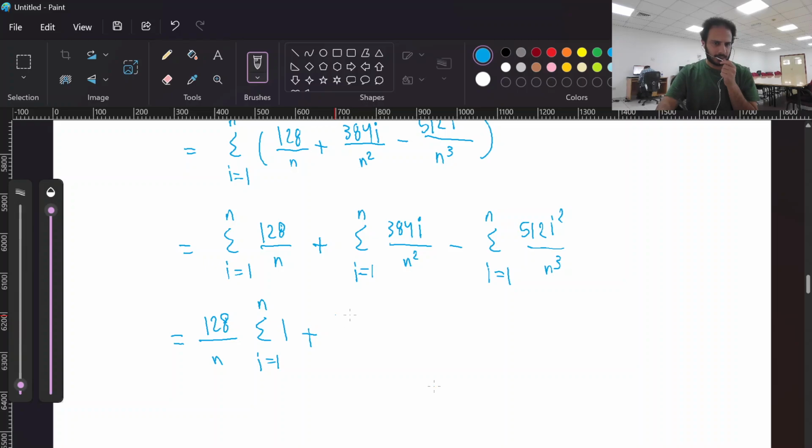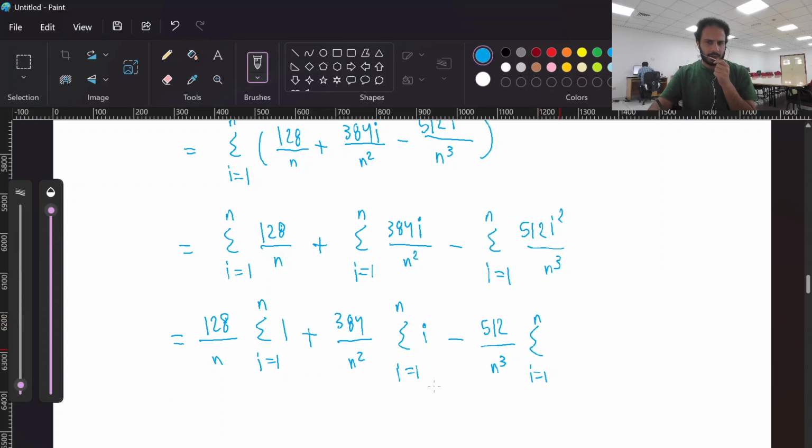So 384 over n squared summation i equals 1 to n of i, just i, minus take 512 over n cubed out. Summation i equals 1 to n of i squared.